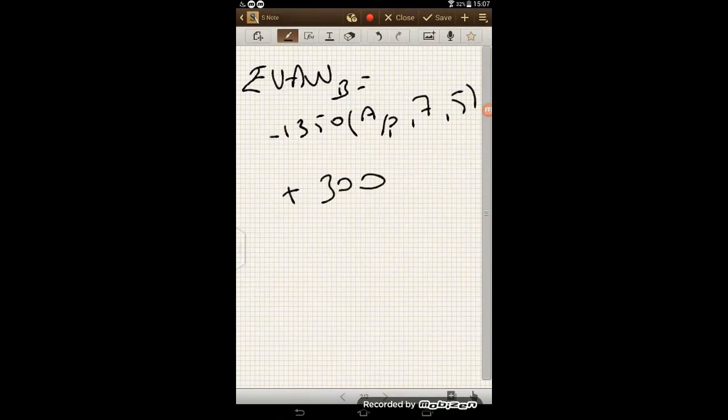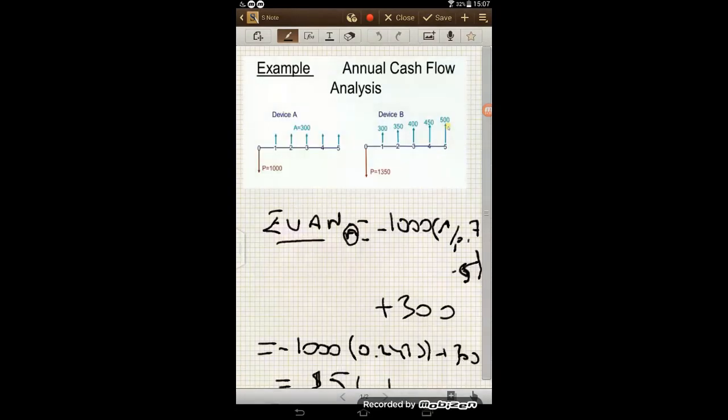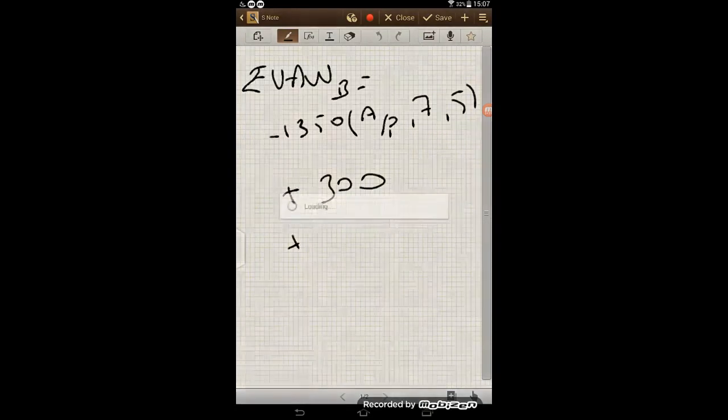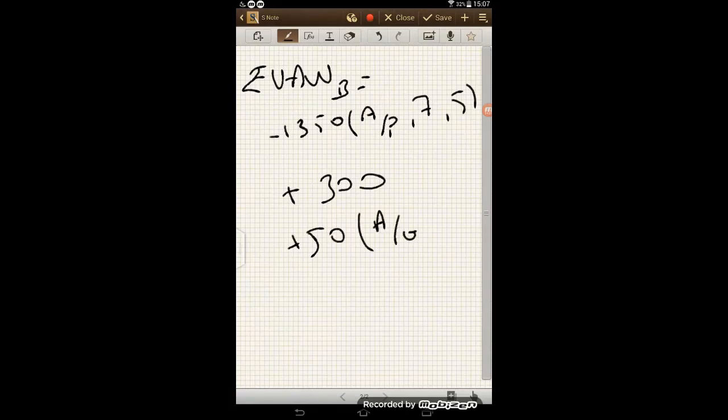Then we know that our G is 50 for each year, so 50, we need to make it A over G, 7% for 5 years again.